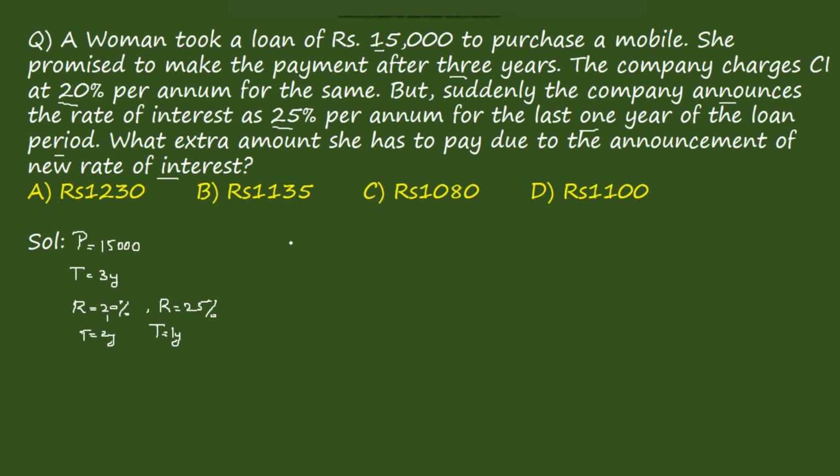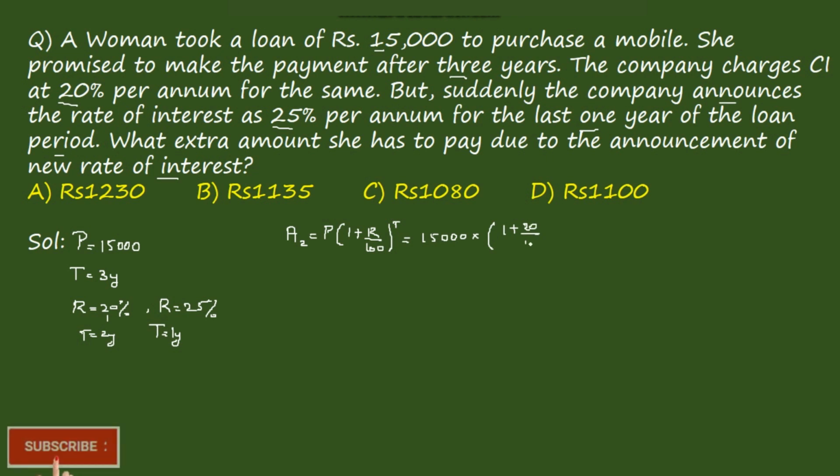First, what you do is find out the amount paid by her for 2 years, okay? For 2 years, amount payment is equal to, it is a compound interest. So apply the formula which is equal to P into (1 plus R by 100) whole power T. Here principal is given as 15,000 into, it becomes 1 plus, rate for 2 years is nothing but 20 by 100.